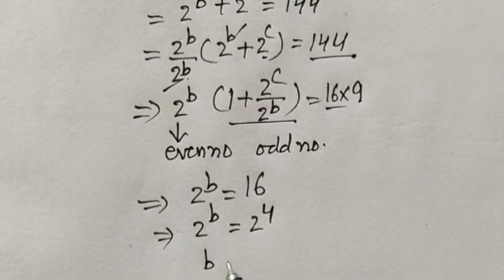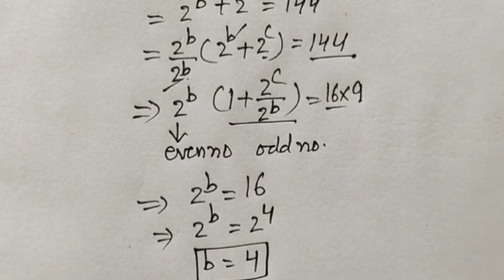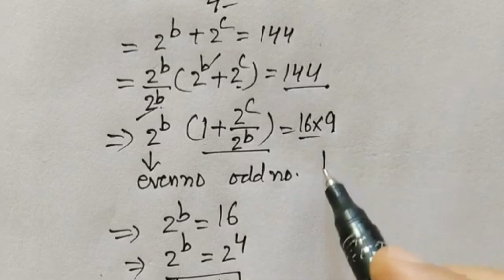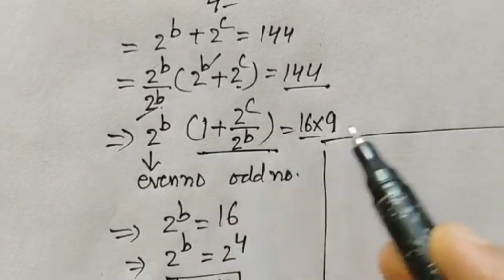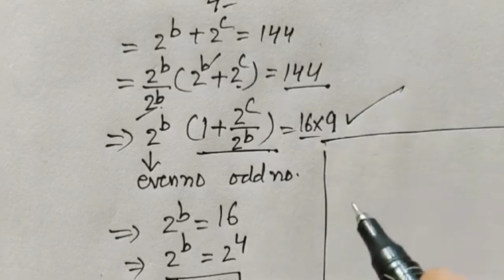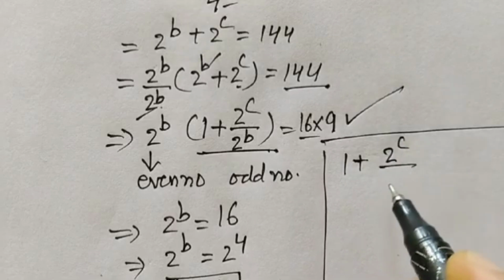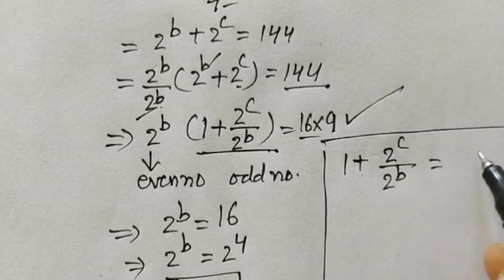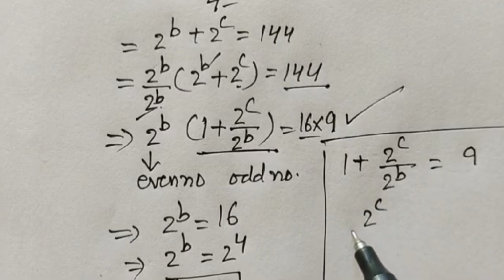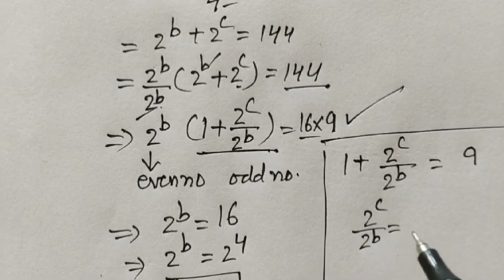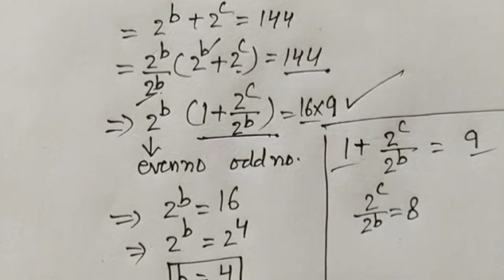So b will be equal to 4. In the next step, this value will be equal to 9, so 1 + 2^c/2^b = 9, so 2^c/2^b is 8.